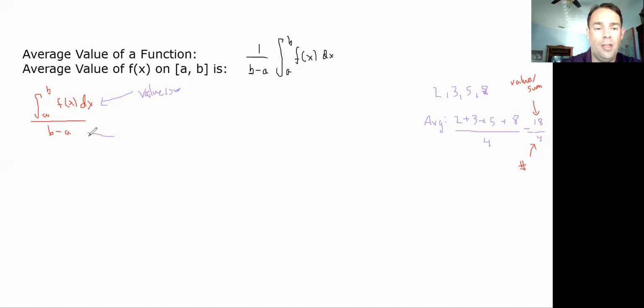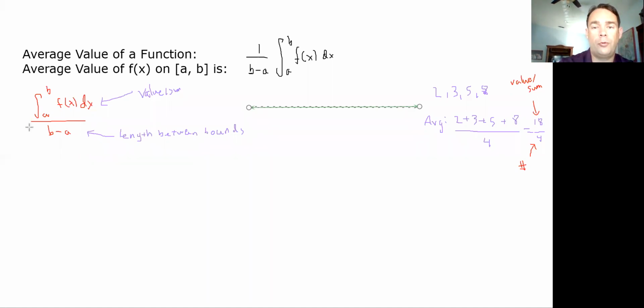The b minus a is the length or the distance between our two bounds. And so what we're doing here is really just finding average, just like it says, average value. It really is the same thing as what we did before. Nothing really has changed. Whether it was in middle school or here in calculus, it's pretty much the exact same thing.